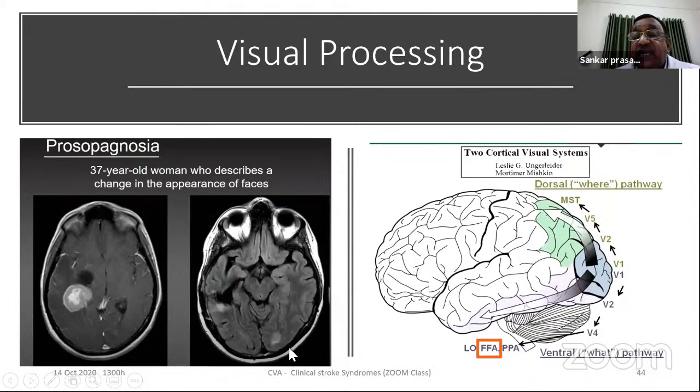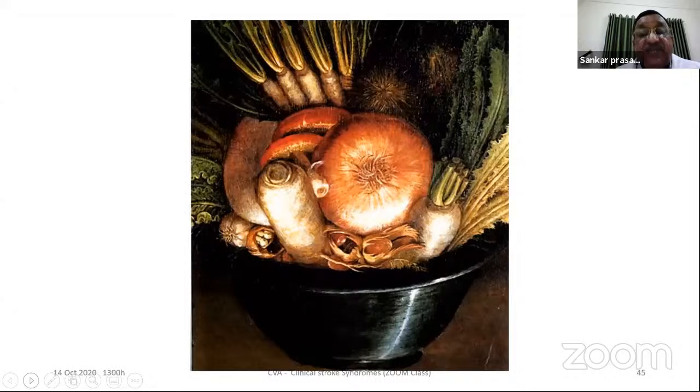As I said earlier, you see the where pathway. This is the dorsal where pathway and the ventral what pathway. This is the fusiform gyrus, the fusiform face area. If there are infarcts or lesions in this area, the individual will not be able to identify faces. So you see, the brain looks and understands, and this fusiform face area is useful in identifying facial features.